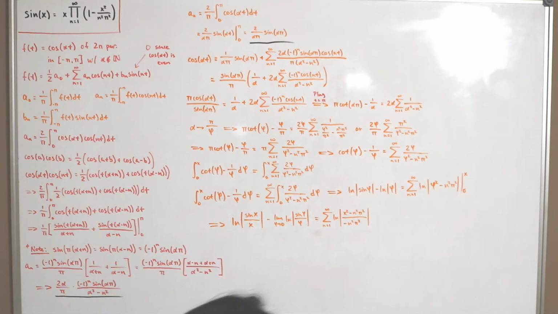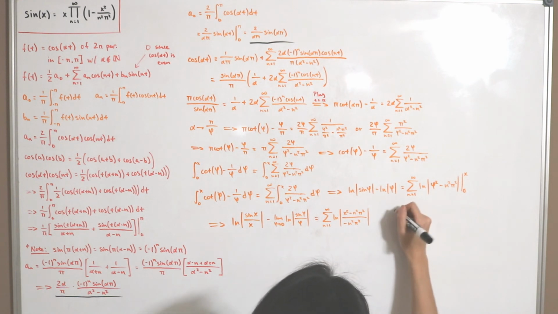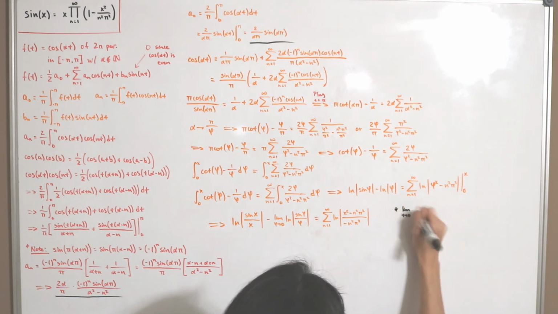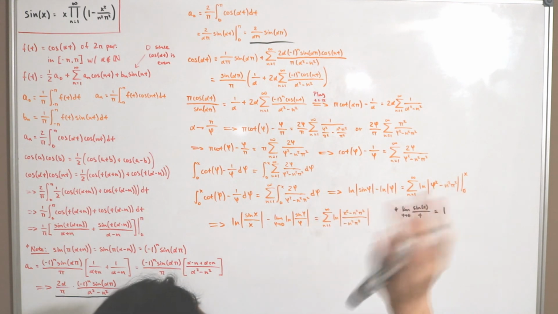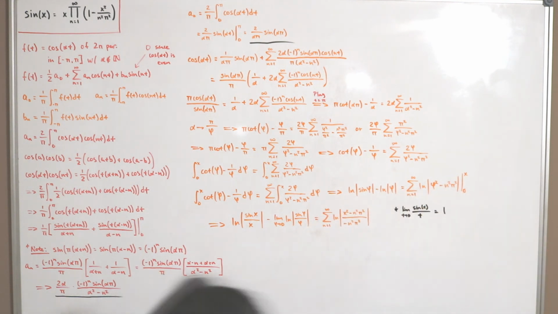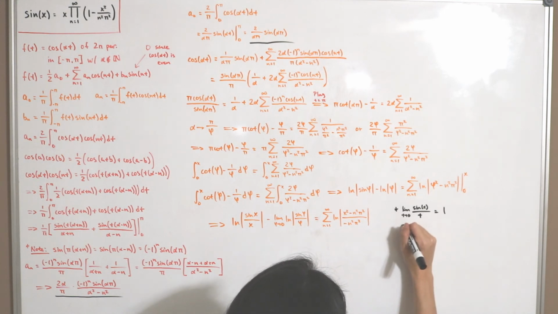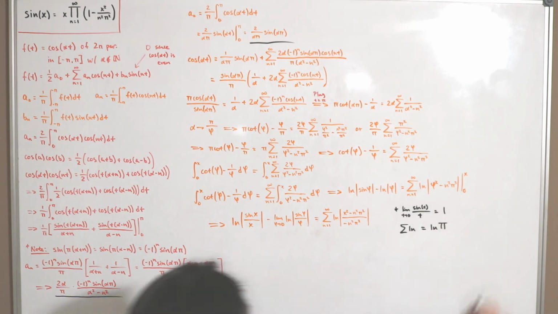Let's use a couple of facts here, and we're almost done with the video. I want to use the little theorem that the limit as t approaches 0 of sine of t divided by t is equal to 1. This way, you don't have to use L'Hopital's rule; you can use that proof. Another property of natural logs is that the sum of the natural logs is equal to the natural log of the product, simply because of continuity.